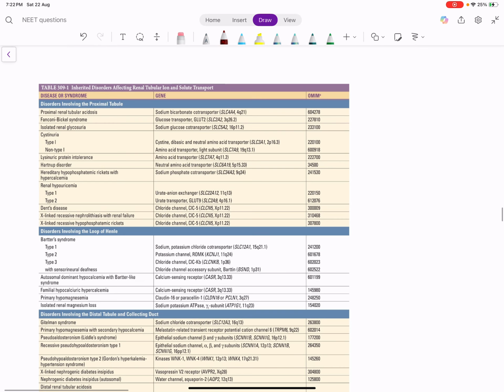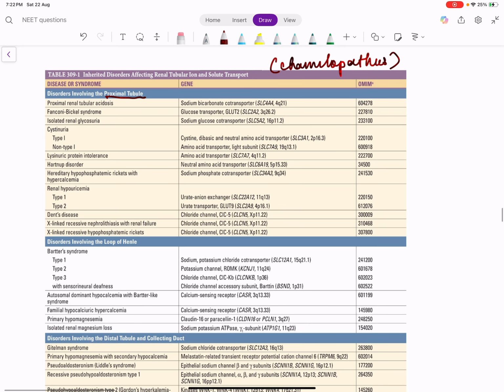Whenever you think of renal diseases, you should learn about the channelopathies also. See, proximal tubule, there are so many diseases because most of the ions are reabsorbed in the proximal tubule. So when the proximal tubule is problematic, we get many diseases. Remember Fanconi syndrome. Remember proximal renal tubular acidosis or type 2 renal tubular acidosis.